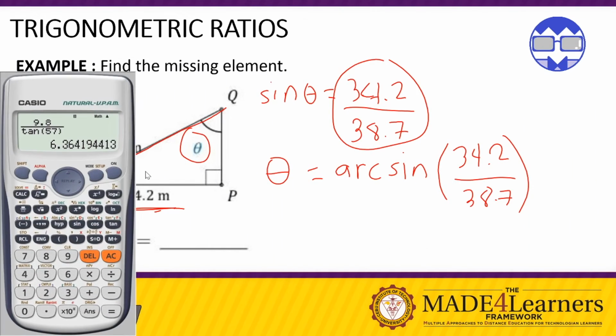Okay, I'll just move the calculator a little. So what is 34.2 over 38.7? It's the ratio, still O and H. So how about arc sine?